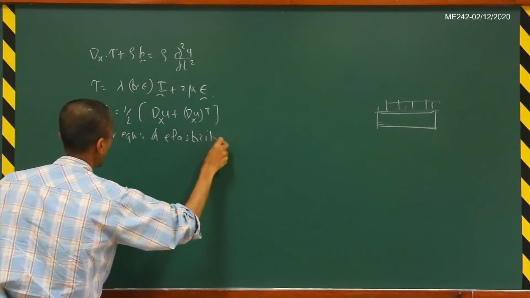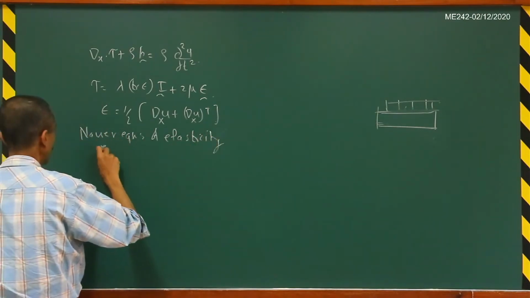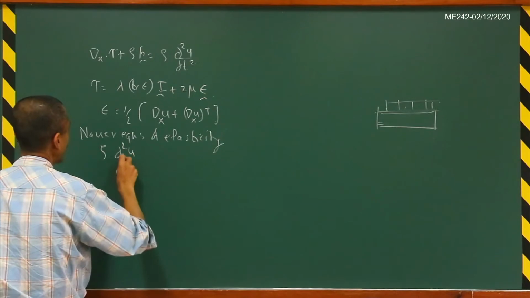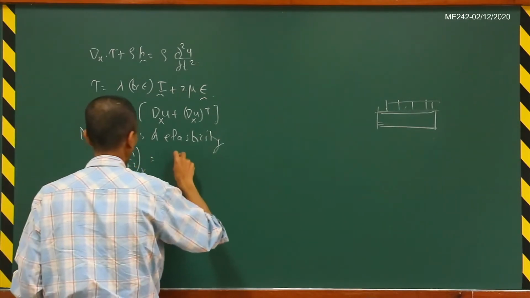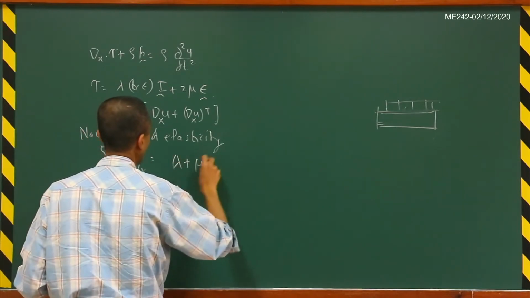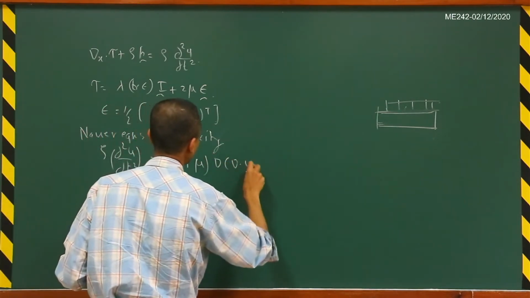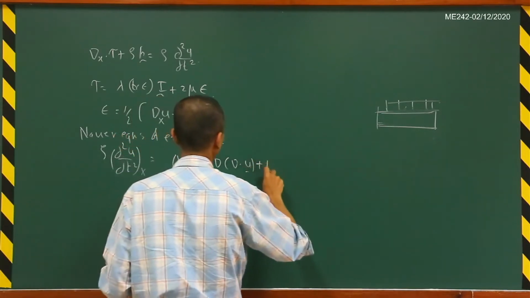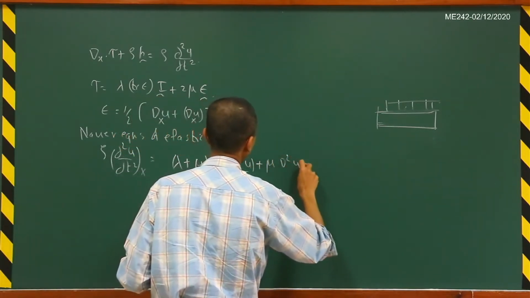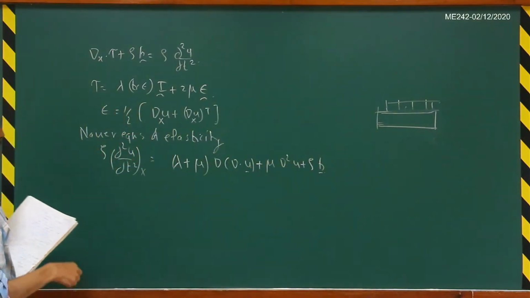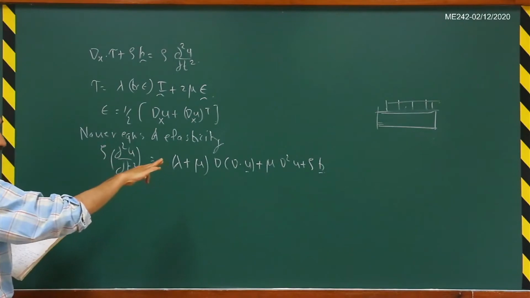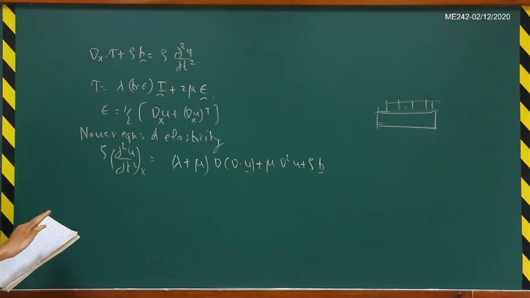That is rho times del square u by del t square, keeping x fixed, is equal to lambda plus mu times del of del dot u plus mu times del square u plus rho times b. So last time I wrote these Navier equations of elasticity for an isotropic material. Throughout this course we will assume that the material is isotropic.